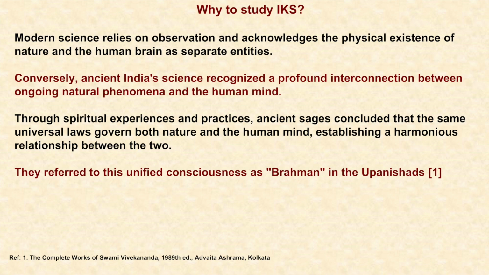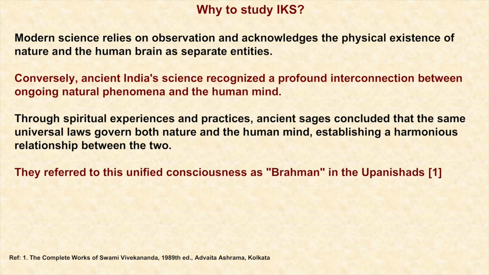So what is the connection between nature and the human mind? This interconnection was established by ancient Indian science. Through spiritual experiences and practices, ancient sages concluded that the same universal laws govern nature and the human mind, establishing a harmonious relationship between them.